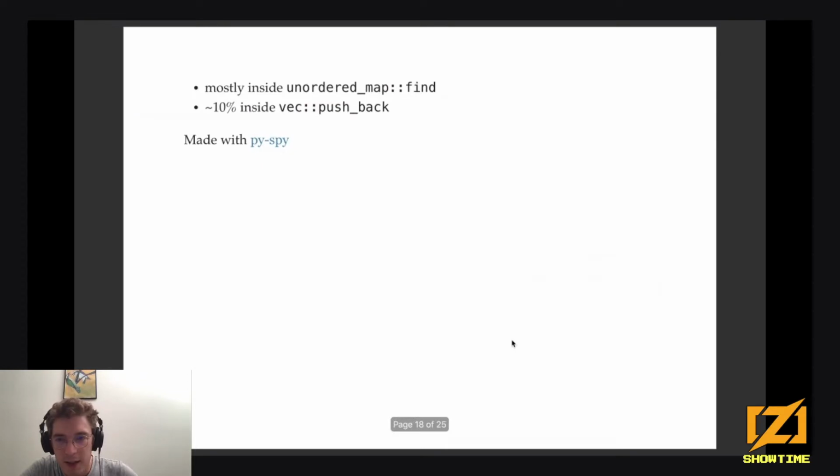All I can say is apparently it spends a lot of time in the find method of that dictionary, which is at the core of the algorithm. And they also spend a lot of time doing pushback. And I think this is because of them not pre-allocating vectors.